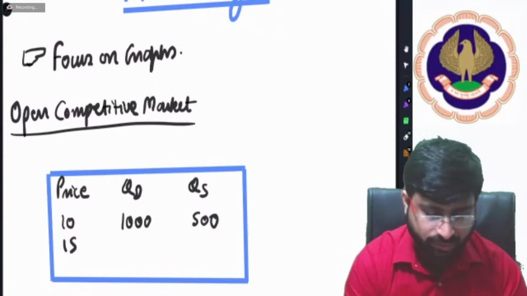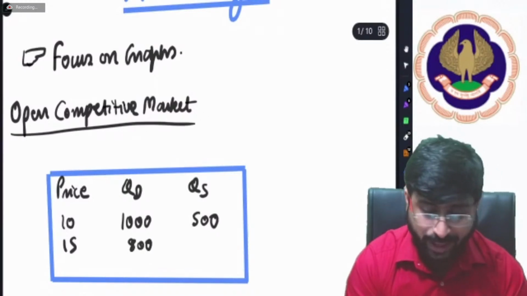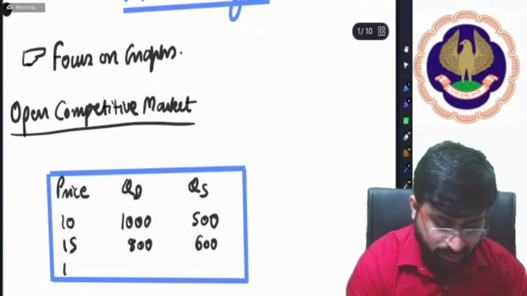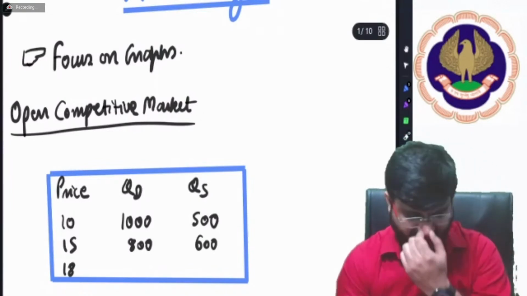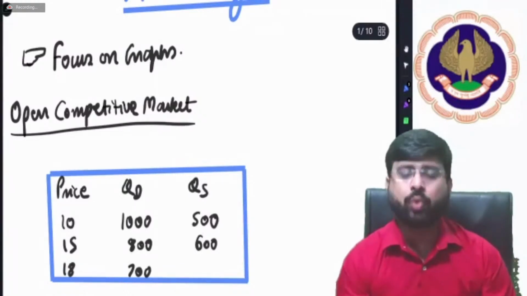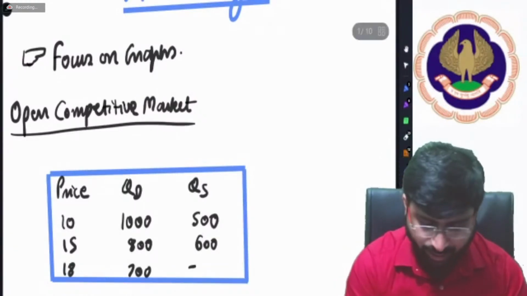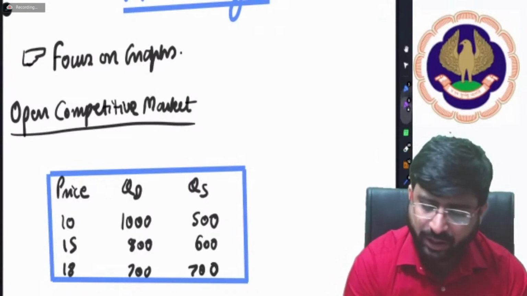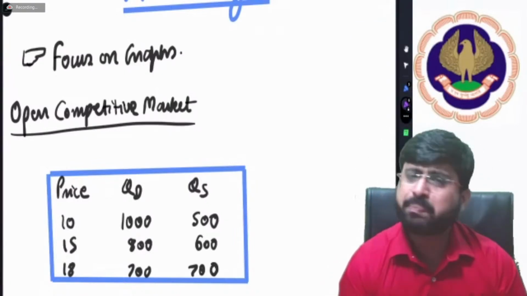We have understood this. Supply may rise. And then when price is, let's say, 18 rupees, demand falls to 700 and quantity supplied becomes 700, because a price rise results in a rise in supply. So friends, if you pay attention, there is a price level here.